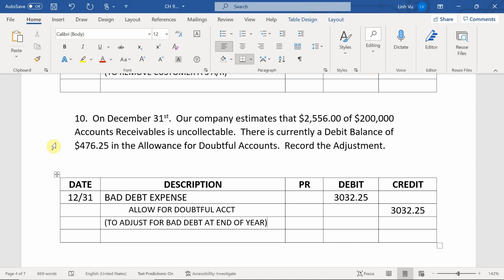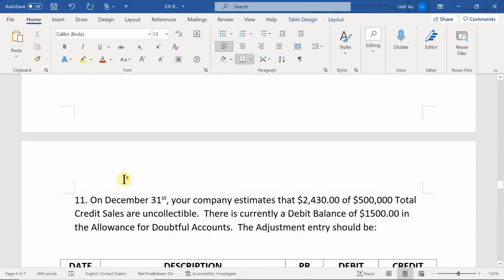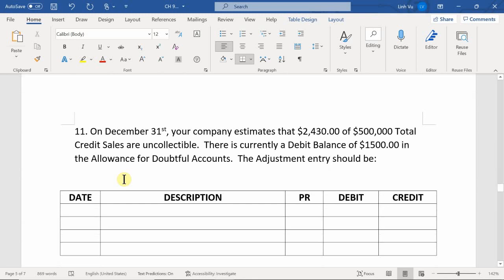So then the next time you do your adjusting for balance, right now you currently have a $3,032.25 allowance for doubtful accounts currently as a credit. Okay, so that's where that number comes from. All right, so there you go.